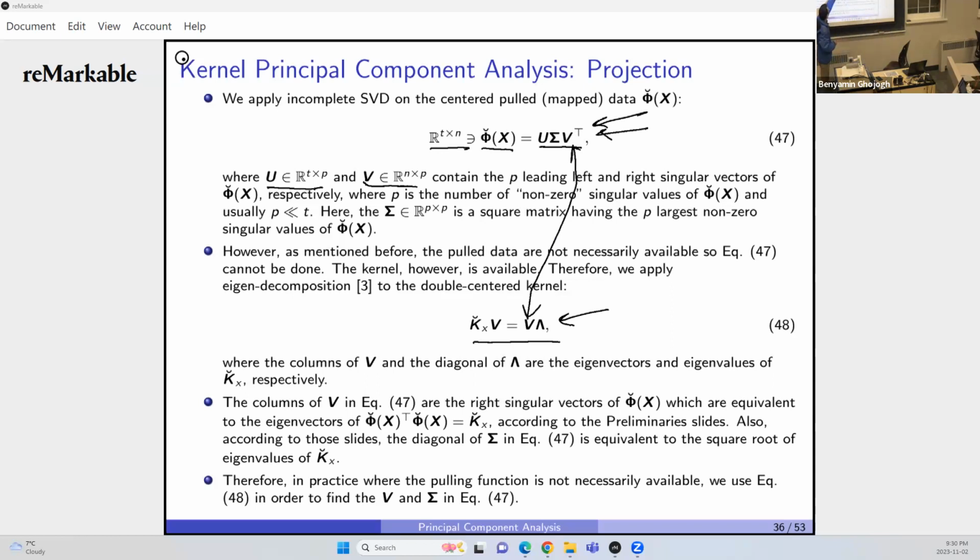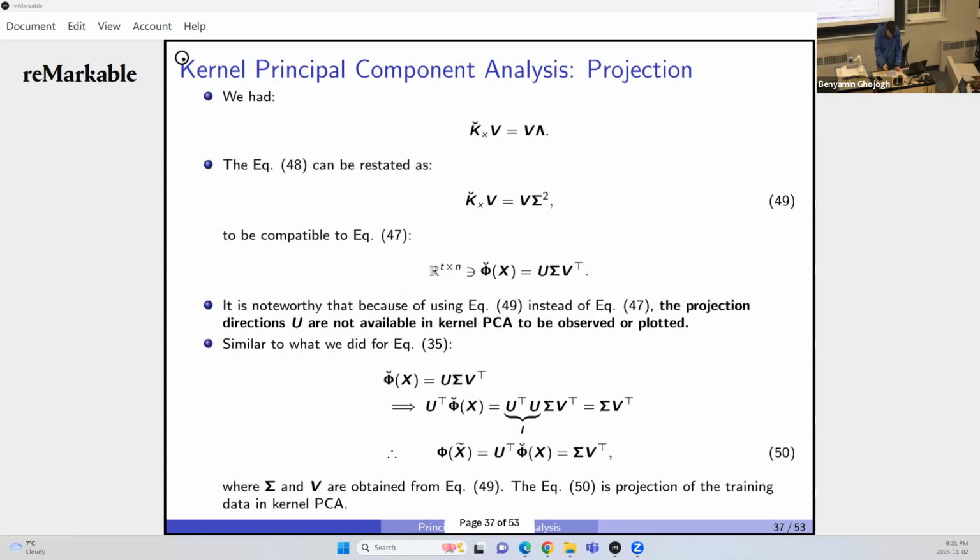V is the right singular vectors of phi breve, or eigenvectors of phi breve transpose phi breve. Do you see that? Okay, so I already explained. As a result, we can calculate the eigenvectors of the double-centered kernel matrix for finding V.